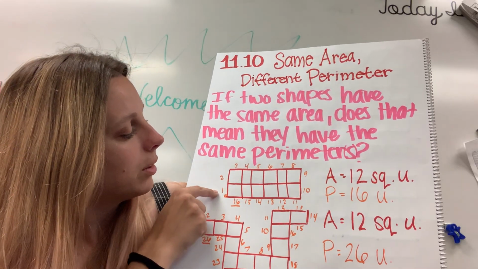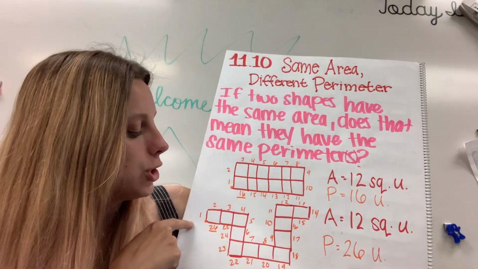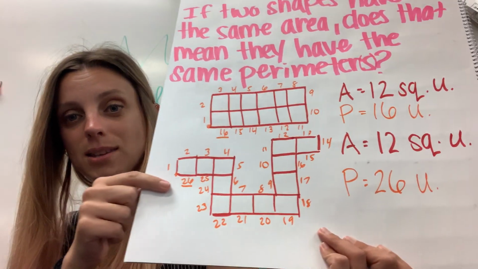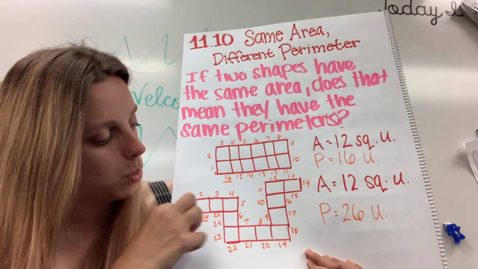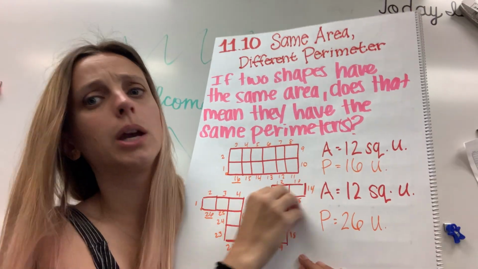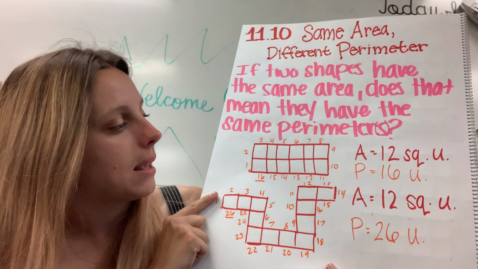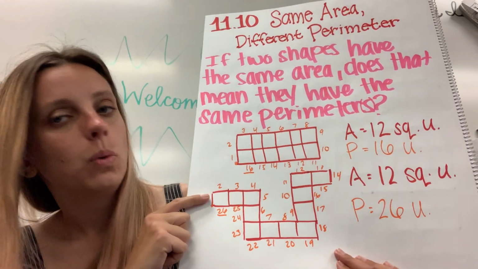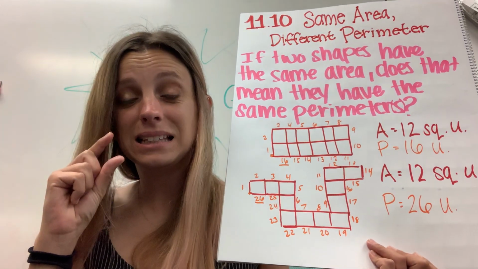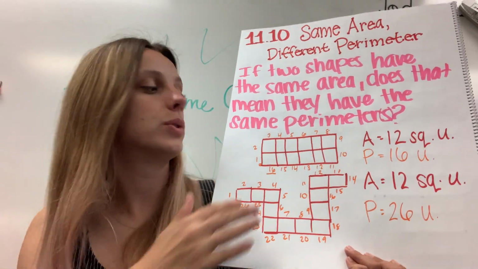So here I counted around and I found that it took me 16 units to get around this rectangle. Here it took me 26 to get around this combined rectangle. Now I could have made this one really long 12 unit rectangle that looked just like a regular, really skinny rectangle, and you would have found the same thing, which is that when we make the same number of squares but we make something really skinny, we're going to get a much larger perimeter because so many more sides are showing of those squares.